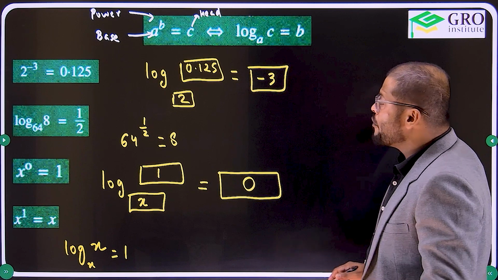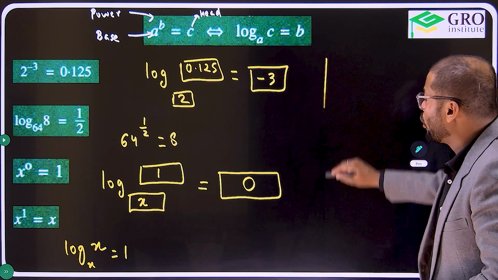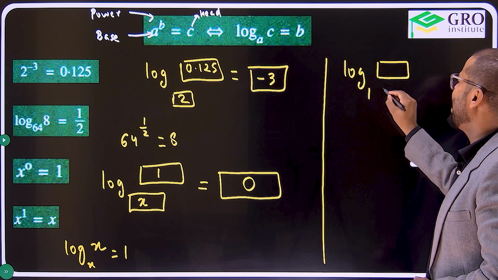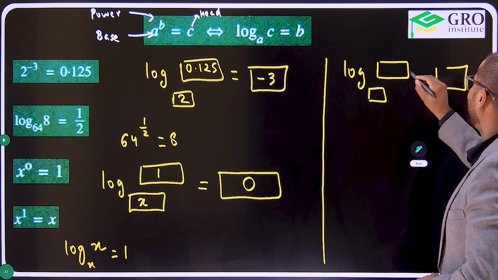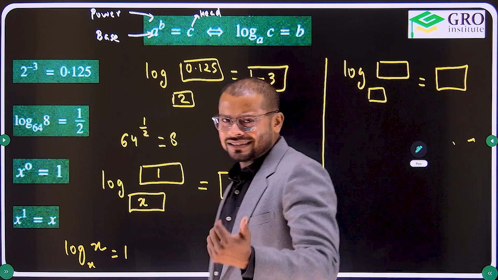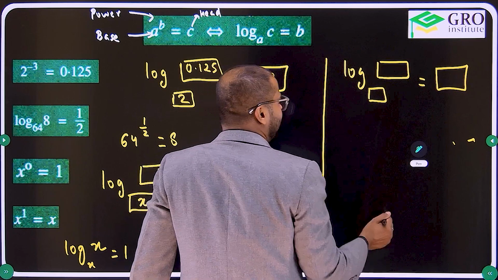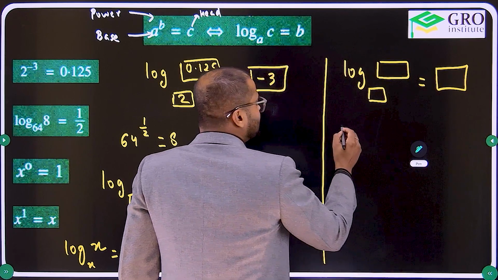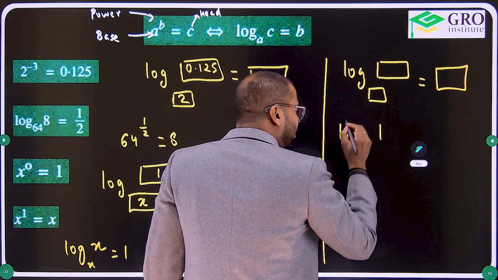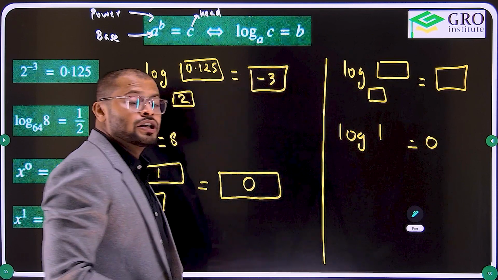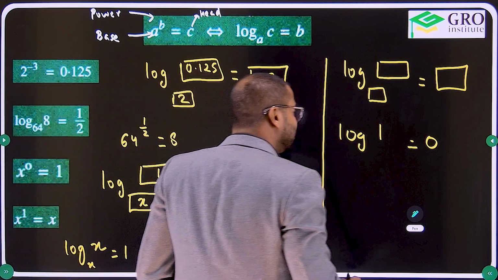So by now we have understood a few points about logarithm, that log has a base and a head and a power. Head, base and power, right? And now you know that whenever someone asks you log 1, log 1 is always 0.